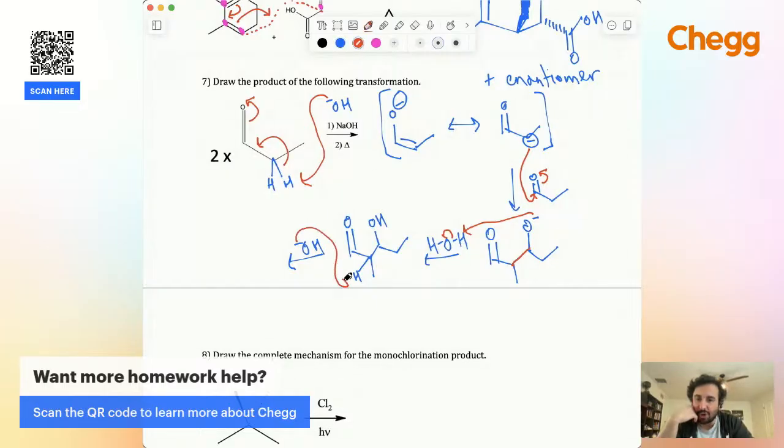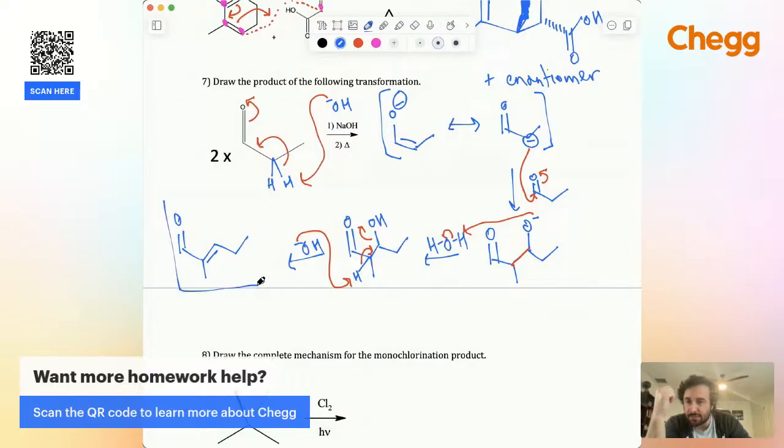And now, this was the aldol addition product. Now we're going to go ahead and do the condensation. The second step is the condensation. Condensation meaning we lose a water molecule, not an intact water molecule, but H plus OH, right? We lose this hydrogen and we lose this hydroxyl. And there is our aldol condensation product.